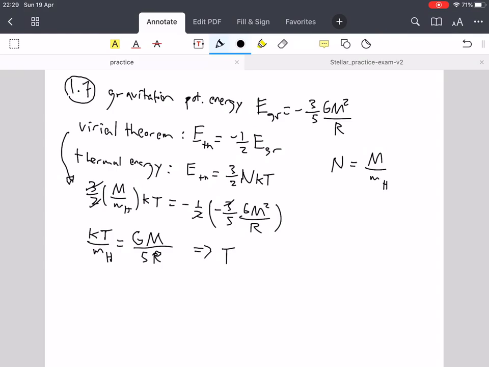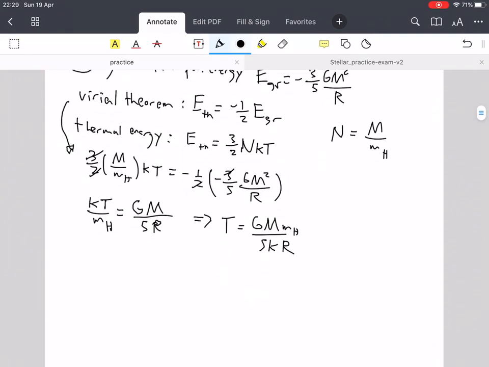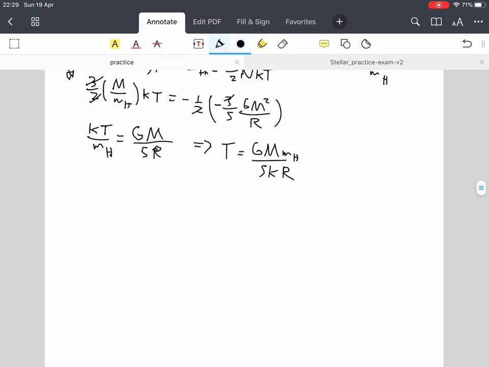And then all we need to do is solve for T. So this gives us the temperature is G M m_H over 5 k R. Okay, and that's it. Now let's look at 1.8.